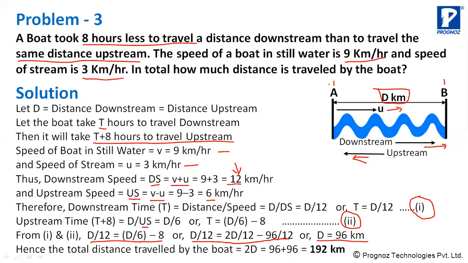So the distance between A and B is 96 kilometers. So the total distance which the boat traveled is, it has gone downstream the same distance and it has come upstream the same distance. So it is basically 2d. Hence the total distance traveled by the boat is 2d, which is 96 plus 96 is equal to 192 kilometers. So the total distance traveled by the boat is 192 kilometers, 96 kilometers upstream and 96 kilometers downstream.